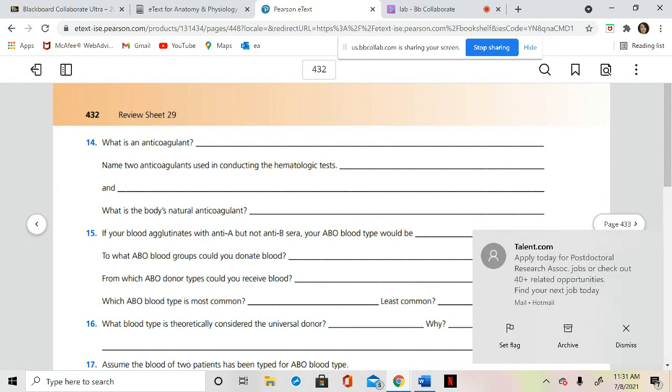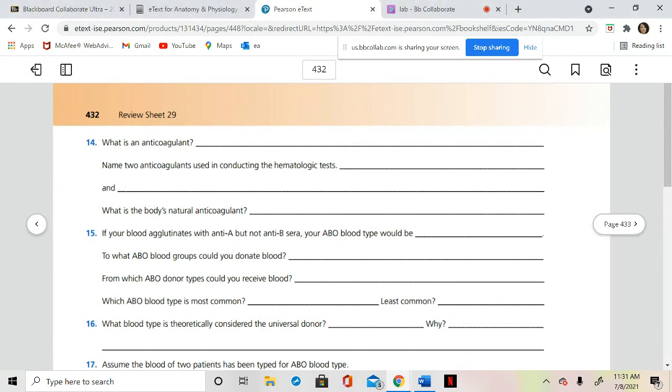To what ABO group can you give your blood? Only to AB. Okay? AB, which is the less common blood type. The more common blood type is O, which is also the universal donor.